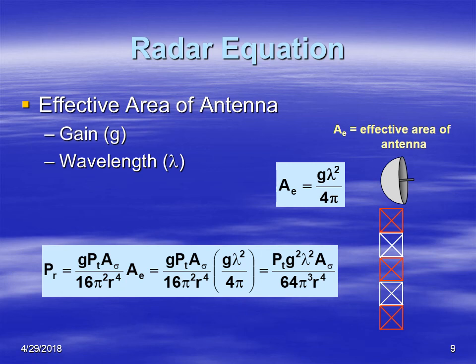The effective area of the antenna is G times lambda squared, divided by 4 pi. Lambda is the wavelength that you're transmitting the radar. If it's a National Weather Service radar, that is a 10 centimeter radar. You can see how this equation keeps getting more and more complicated.